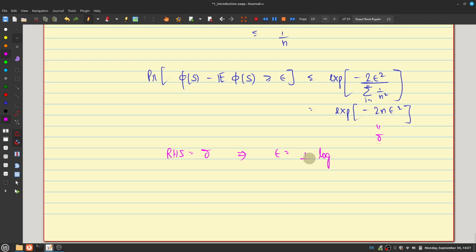Epsilon will be square root of 1 by 2n times log 1 over delta.